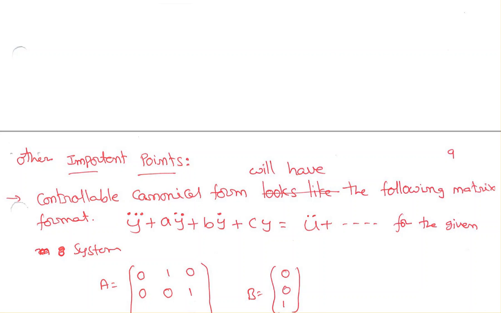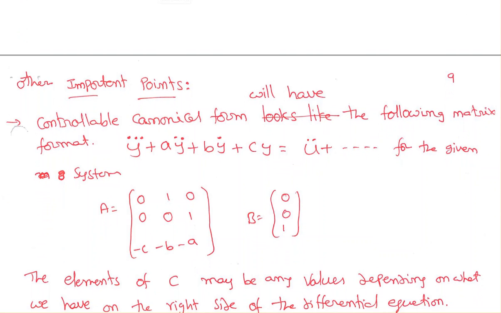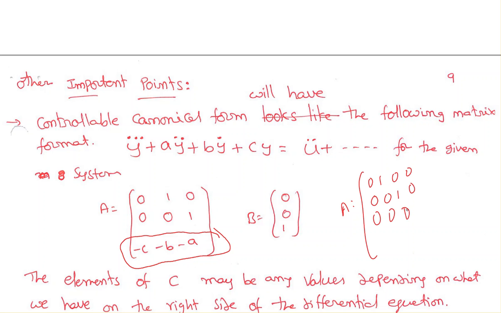So some other important points, we always know the controllable canonical form always has elements like this. In the A matrix, all the elements are going to be right here, and these rows 1 and 1. B is always 0, 0, 1. So if you have 4 by 4, then your A equal to 0, 1, 0, 0, 0, 0, 1, 0, 0, 0, 0, 1, and then a last row of coefficients.